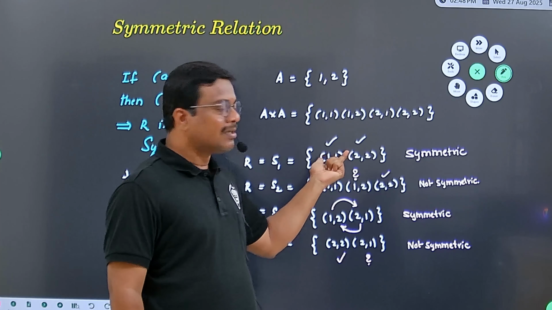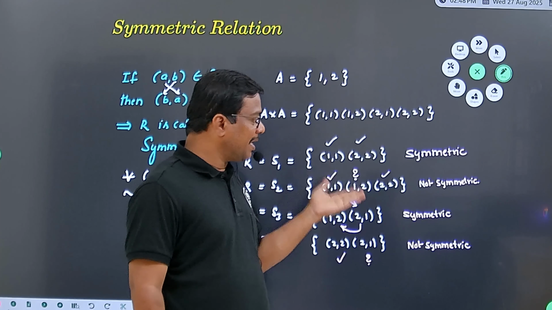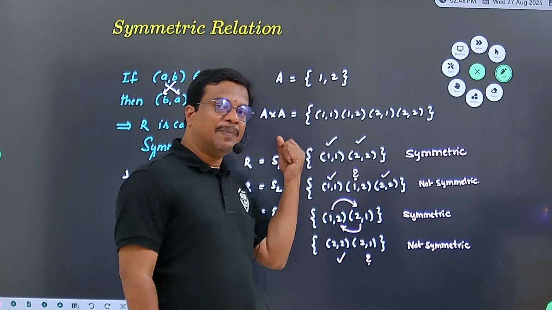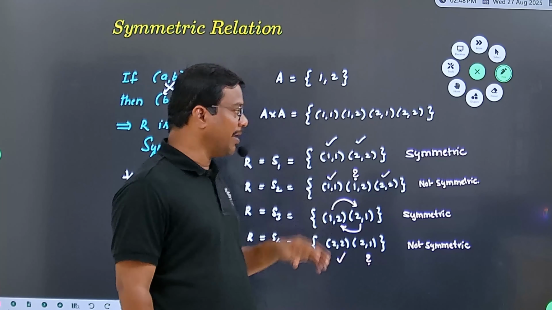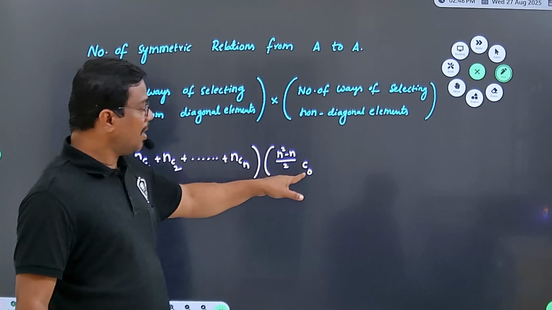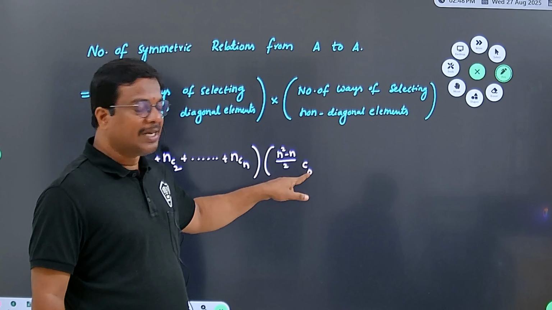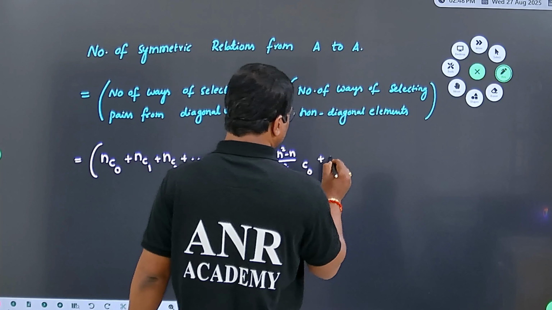Non-diagonals are not selected. So there is a chance to get a symmetric relation with the help of diagonals, or with the help of non-diagonal entries also. So here, without using non-diagonals, no non-diagonal element is selected. That is one chance.